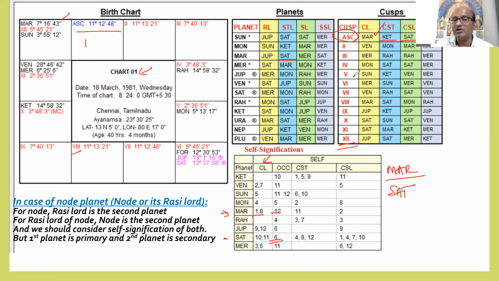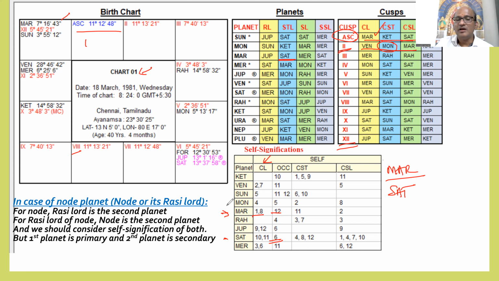But you can see all the 12 cusps are ruled by 3 planets: Cuspal Lord, Cuspal Star Lord, and Cuspal Sublord. They are the owners of the Lagna. Venus, Moon, Mars are the owners or rulers of the second house. But we take only the owner as Cuspal Lord. We are not giving recognition that the second cusp is falling in the star of Moon.